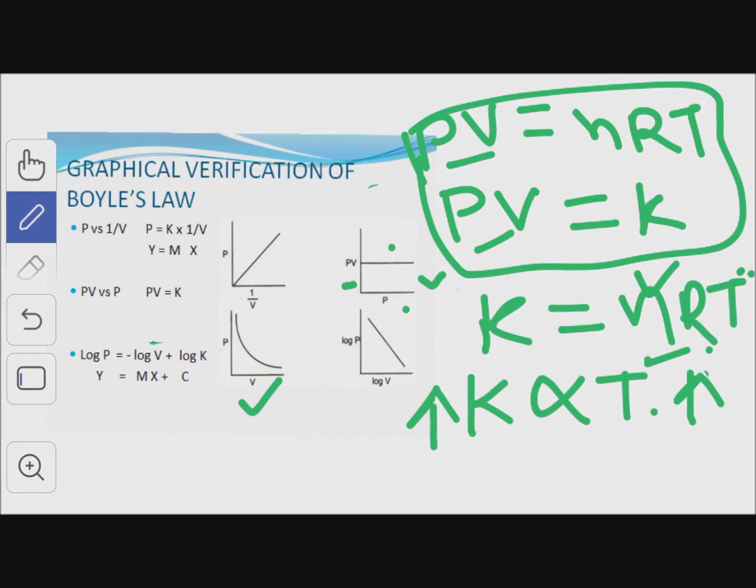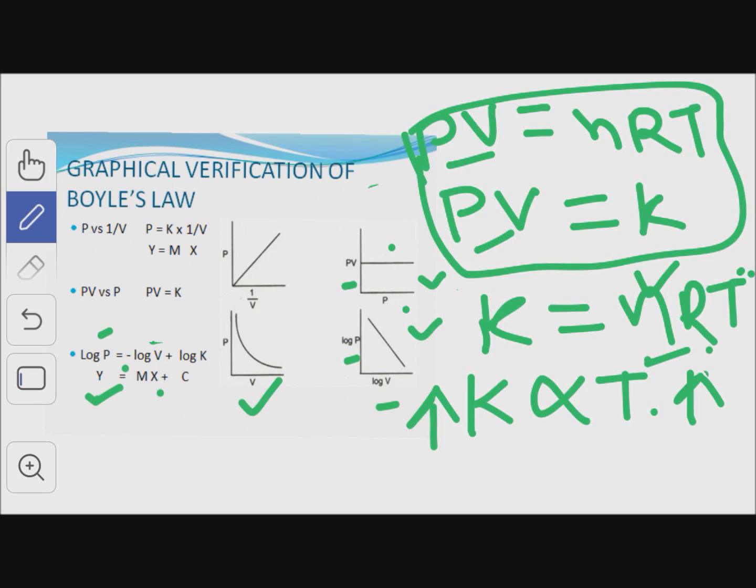And this fourth graph represents log P is equal to minus log V plus log K, the third equation. And this is y is equal to mx plus c. Here log P is along the y-axis, and x here is minus log V. Minus represents the decrease.